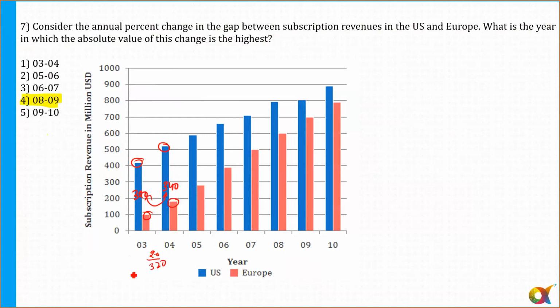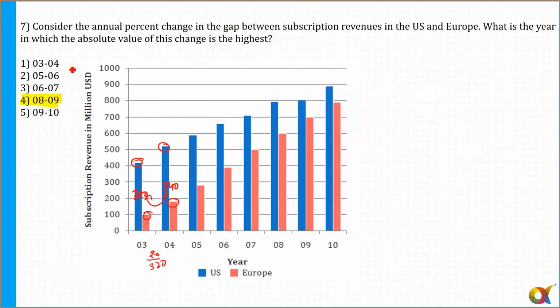And the question is, what is the year in which the absolute value of this change is highest? I need to find out this change needs to be highest. An absolute value, even if it is negative, then you need to take the mod of that value. So again, slightly lengthy. So I'll say in the year 2005 here. Okay. So this is for 3 and 4.